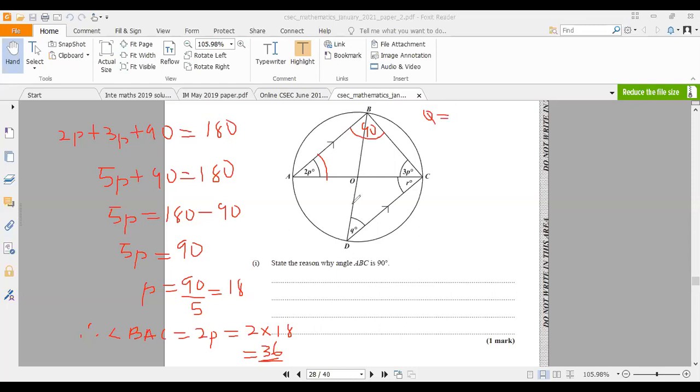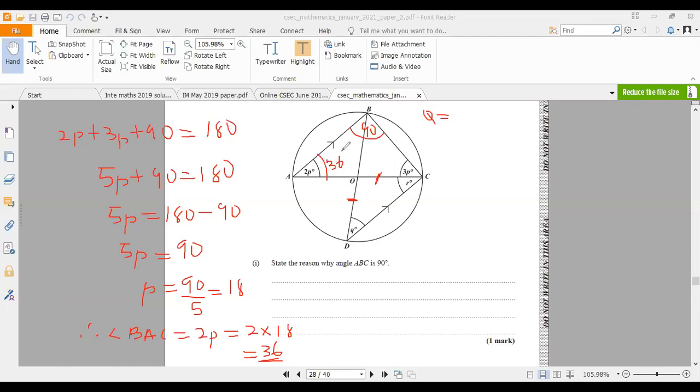Now, if you want to find Q, I just want to ask you guys something. This side and this side, what are they? Equal. If they are equal, what do we call it? Isosceles, beautiful. Now, we work out this. This angle gives me 36 degrees, right?